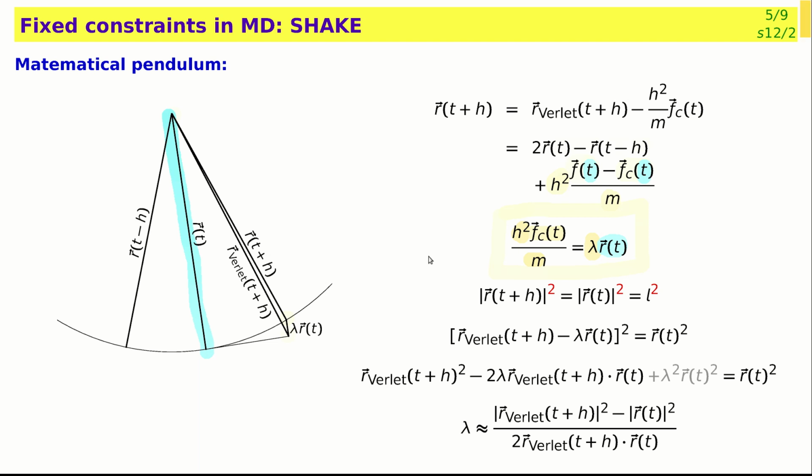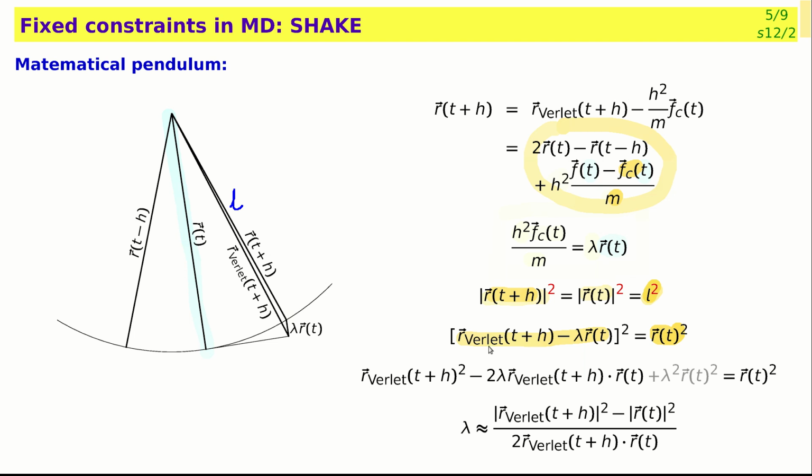The condition of the same length is mathematically given here. The squared position at time t plus h, that is all this, equals a certain L squared if this is L long. We will solve it in such a way that we square both parts. This part with this can be written like this, with the Verlet method used here, and this is the original, equal to L squared.